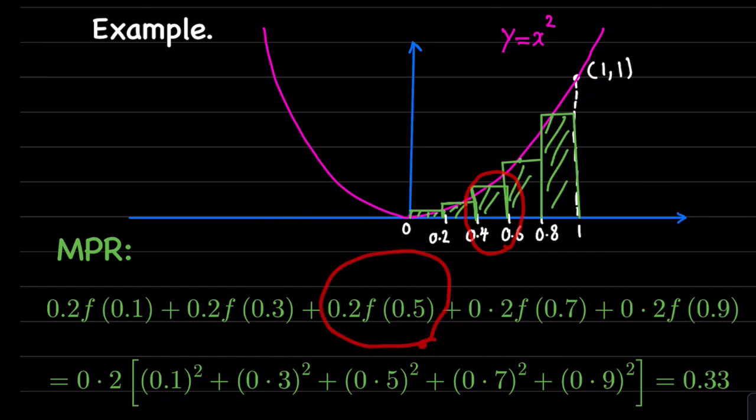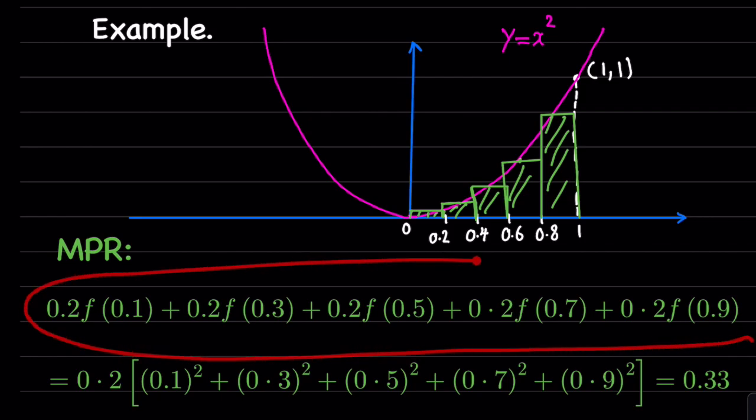The other side is the value of the function f at the midpoint, which is 0.5. So you apply this for all these 5 rectangles that you have. You use the value of the function at the midpoint for the height of those rectangles, and then you add up the areas of all those rectangles.